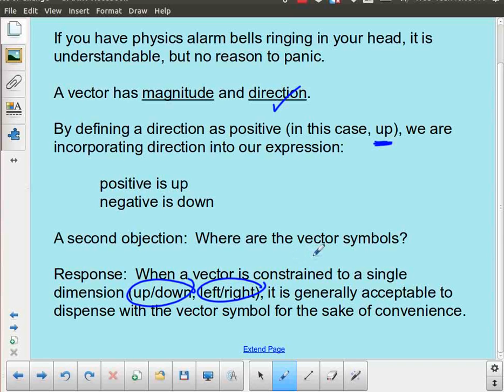It can get a bit tedious, and there are times where you can certainly make the case that if you have constrained your situation so that there's no room for misinterpretation, for example, if all you're dealing with is up and down, and you've defined positive being up, at that point in time, it's understood that direction is included in the sign here, whether it's positive or negative. And so for the sake of convenience, it is acceptable to drop that vector symbol. Now, as soon as you're dealing with 2 dimensions again, that sort of thing, you have to go back to using the vector symbol. There's no other way.